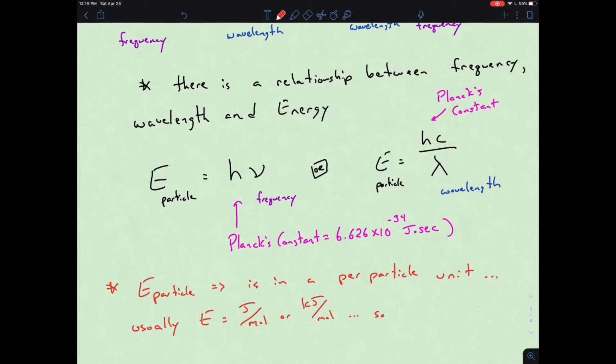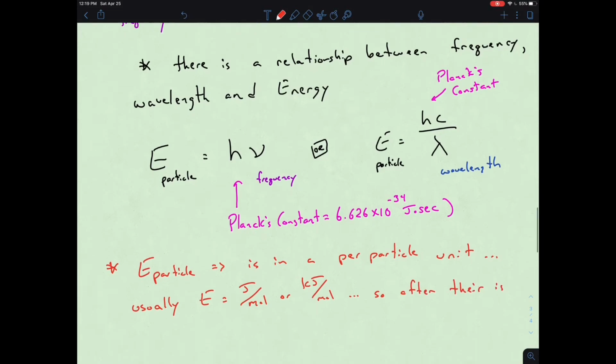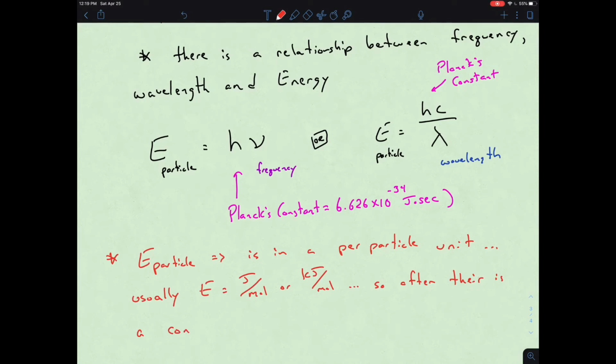So often there is a conversion using what we learned earlier, right? Using Avogadro's number, that idea of 6.022 times 10 to the 23rd things per mole. So let's look at an example of maybe bringing that all together.